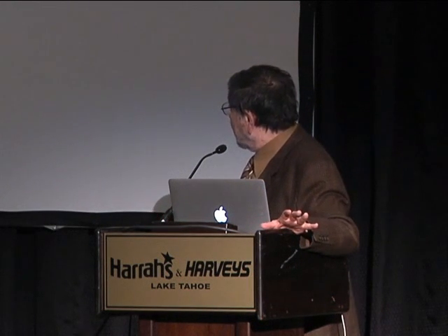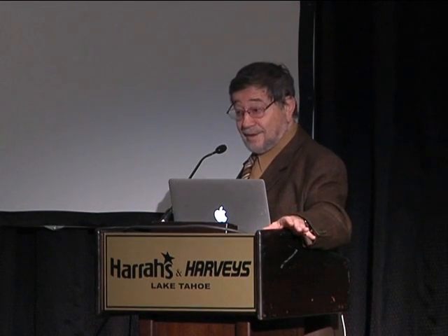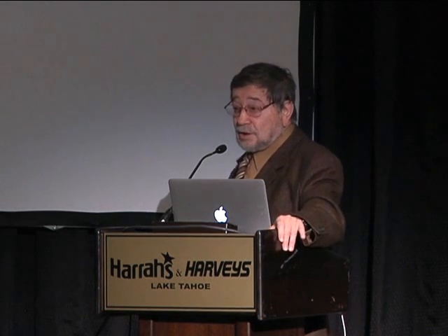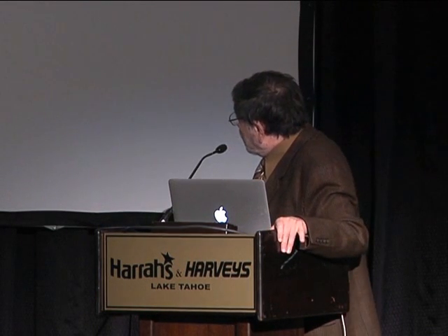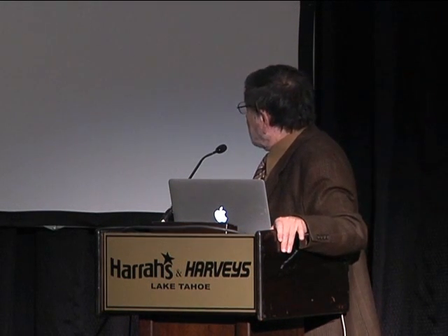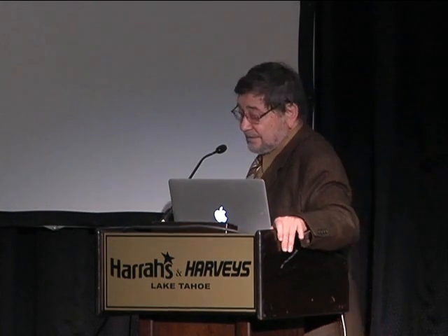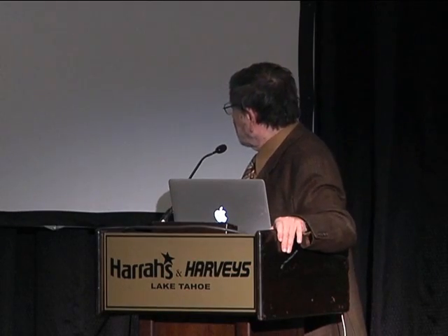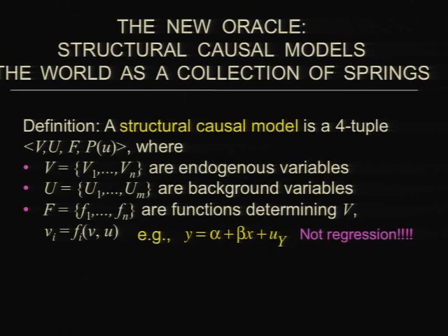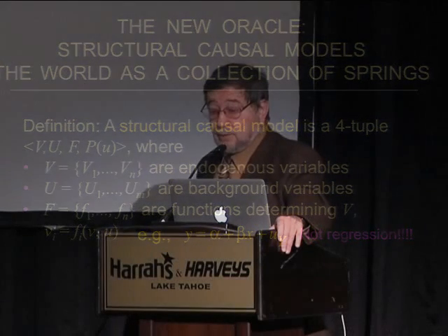And here's an example that you're all familiar with, but this is not regression. It tells you that nature, in order to determine the value of y, Lady Nature consults the value of x and uy and alpha, and then decides how to combine them, here linearly, but it can be non-linearly, and decides on the value that y obtains.